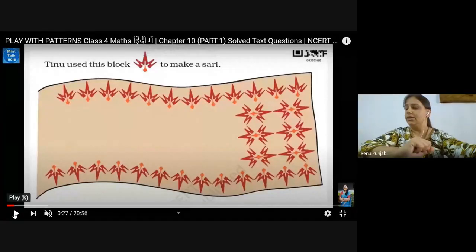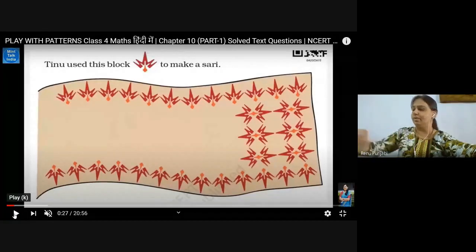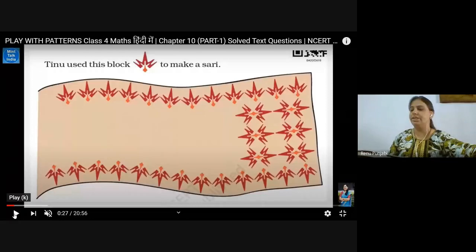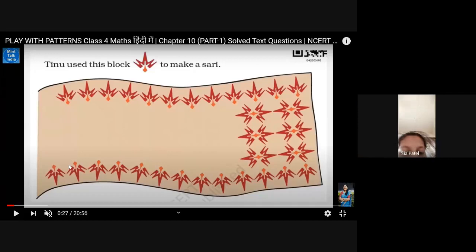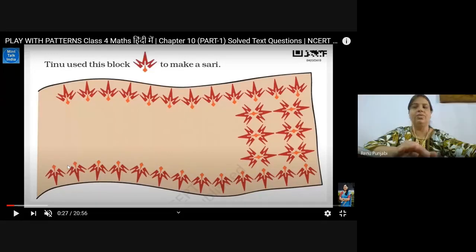Thank you. So on the first screen, it is showing page number 107. Tinu used this block to make a sari. Can you see the block is used to make a sari pattern, which we have done in the activity? Yes, we have done the activity also in our last class, right?